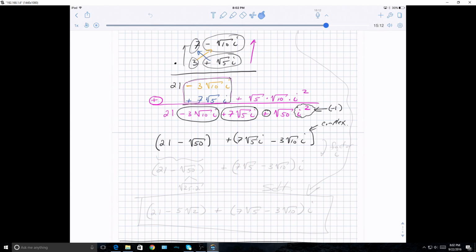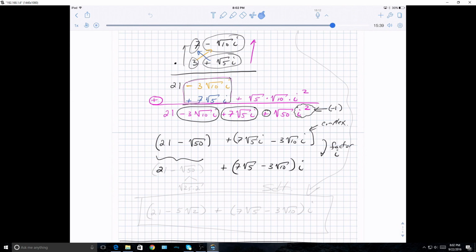So all we have to do is really pretty much just factor it out and record it. So let's do that. We'll simplify this in a second. Let's just factor out the i here. So this is 7 root 5 minus 3 root 10 all times i. So all we did was factor an i out.